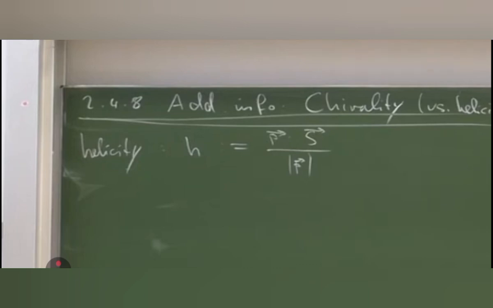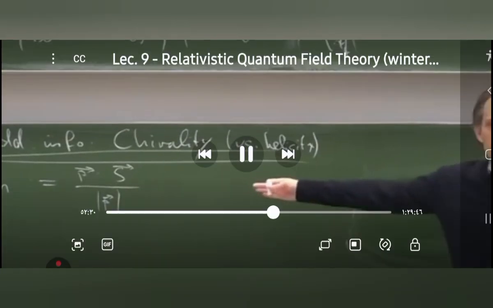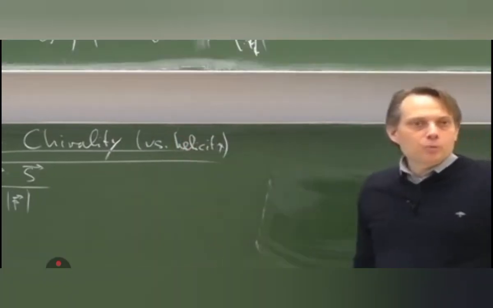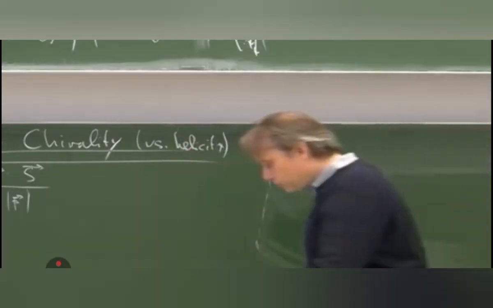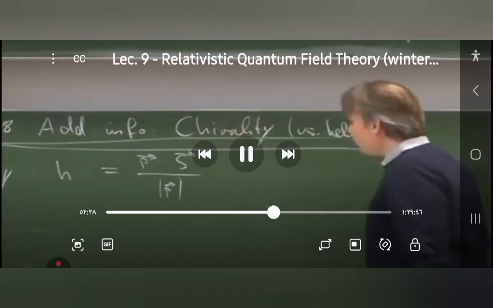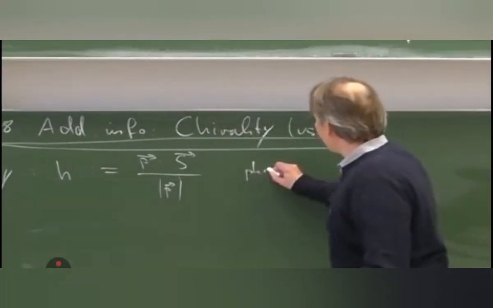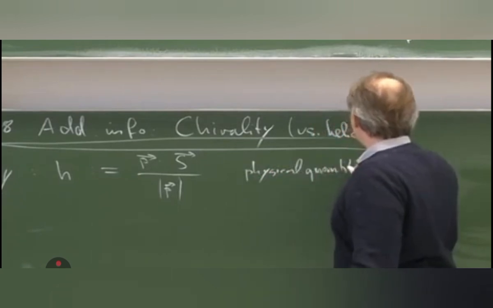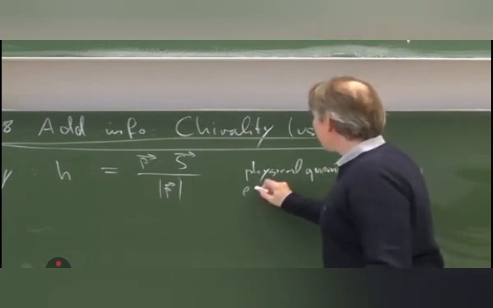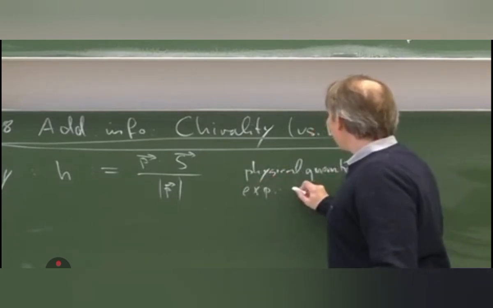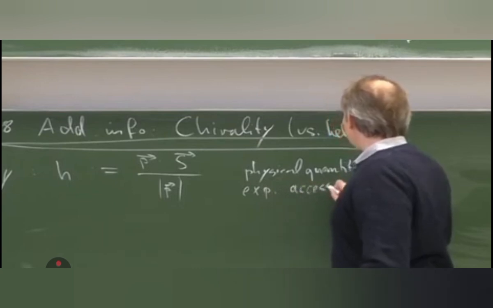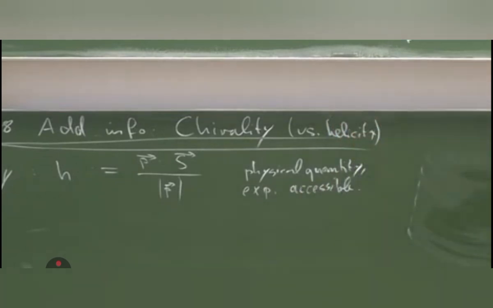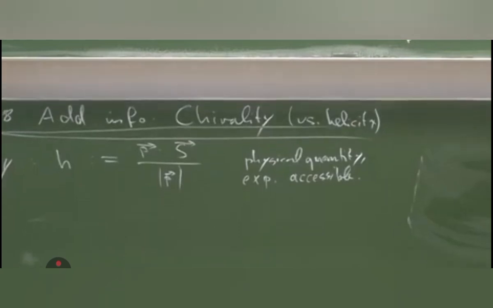Also experimentally, helicity is a nice concept. You can measure it, you can prepare particle beams with certain helicities. So it is a physical quantity, experimentally accessible. Good, but it is not Lorentz invariant.